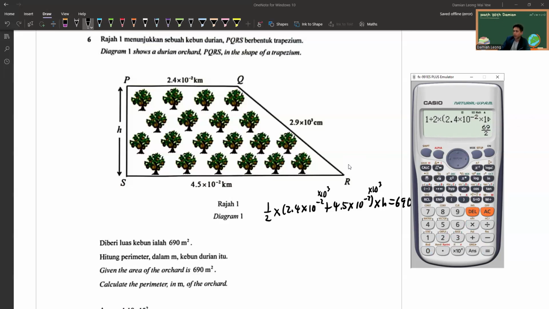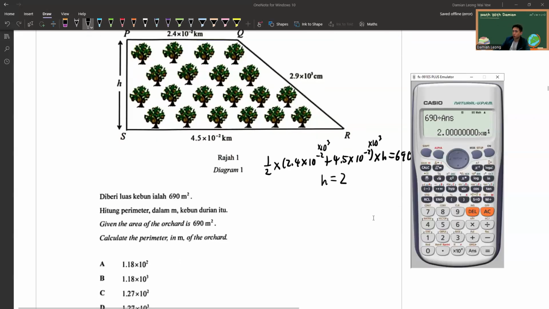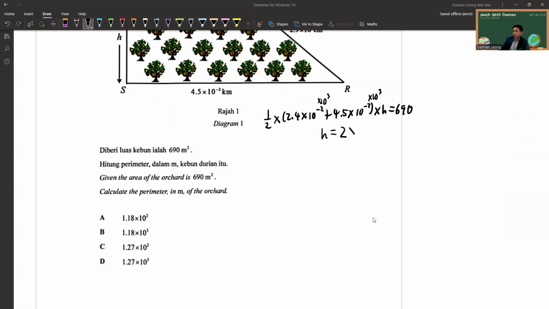Then I bring over, meaning I divide: 690 divided by the answer. So the height would be 2 times 10 to the power 1, 2 times 10.